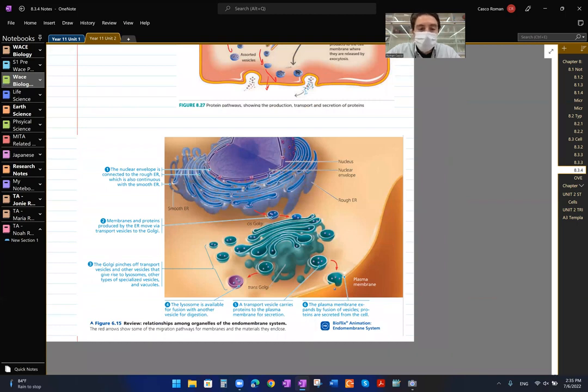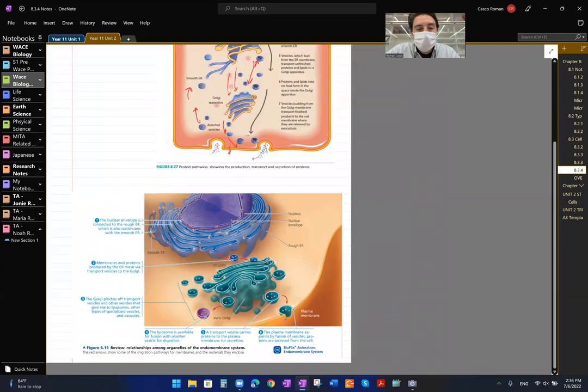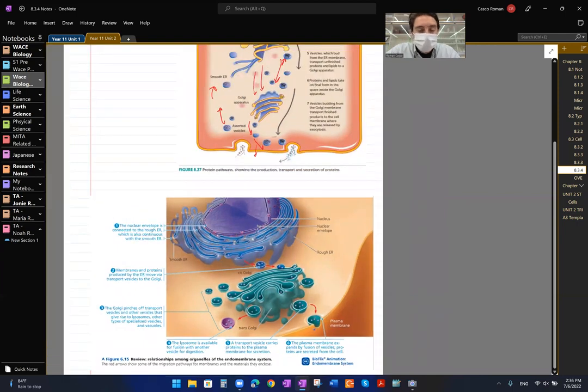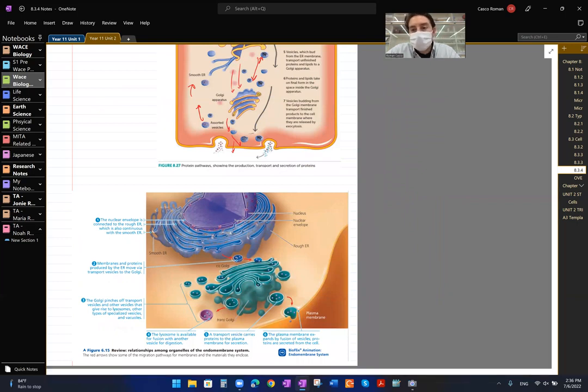Information from the nucleus goes to the rough ER, then the protein that is being assembled goes to the Golgi, and from the Golgi, it is excreted outwards. Okay, so take a look at these diagrams to get an overall summary of what the endomembrane system is, right?